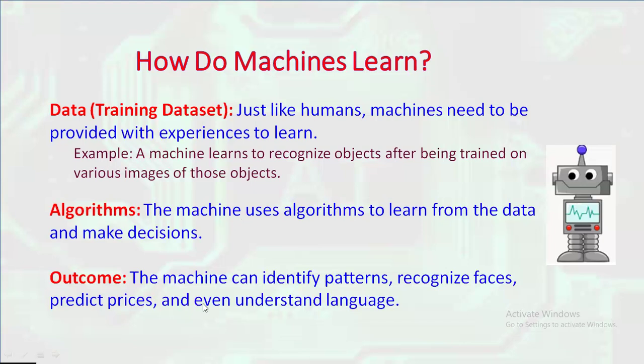What would be the outcome of this process? Once trained, the machine becomes capable of performing tasks that typically require intelligence, such as detecting faces in photos, forecasting prices based on trends, or even understanding and correcting human language using tools like natural language processing. These are all the outcomes of machine learning.